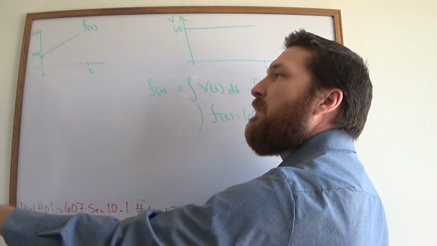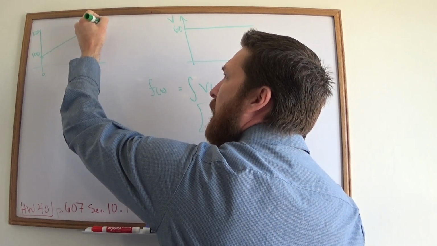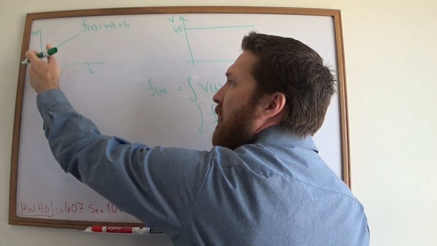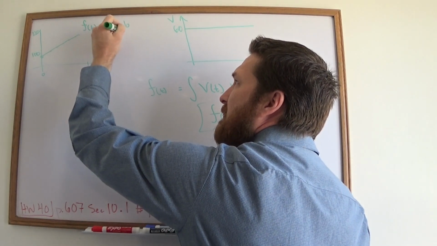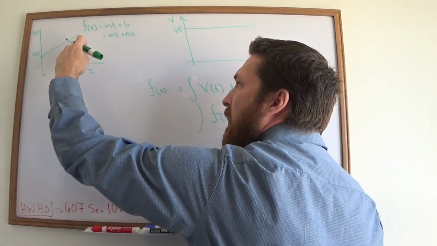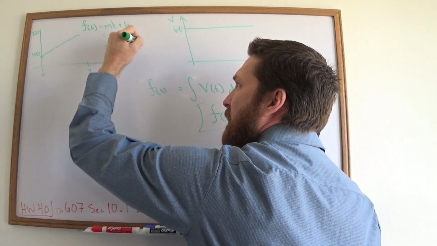We were going the same speed the whole time. So he went and found the rise over the run, right? He said it's a line, so it has this form. He saw that it went through at 100, so that's the same thing as this, it's 100. And my slope was my rise over my run, which he calculated to be 60. And so he ended up with this right here.